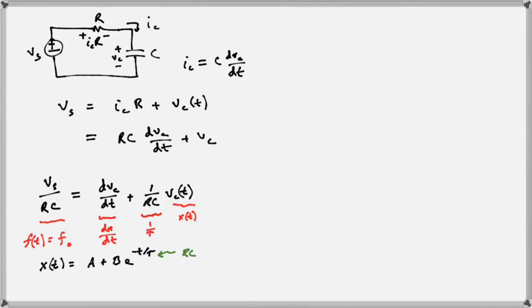And how do we find out what A and B are? Well, let's just write this out. To fully specify x of t, we need to find A and B from initial and final conditions.